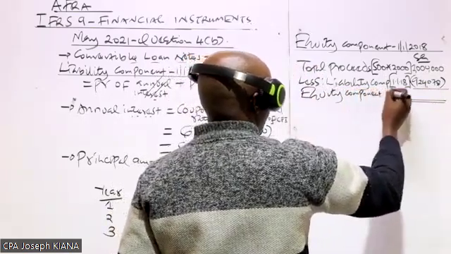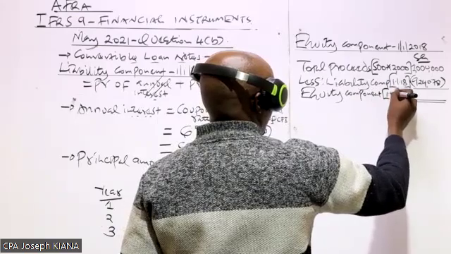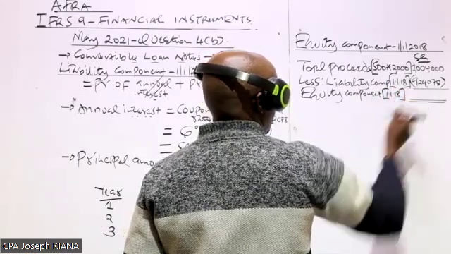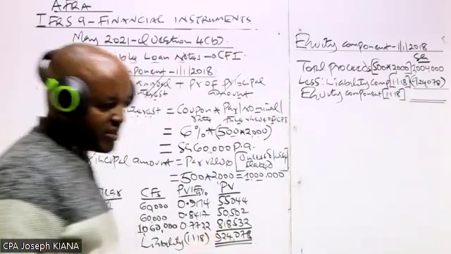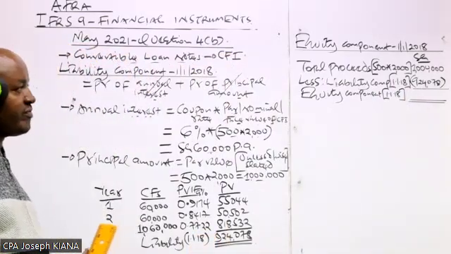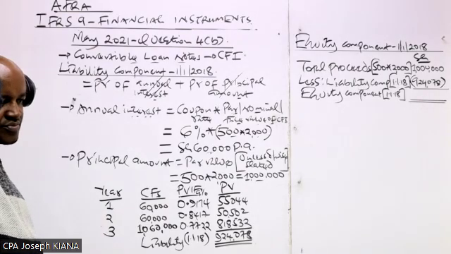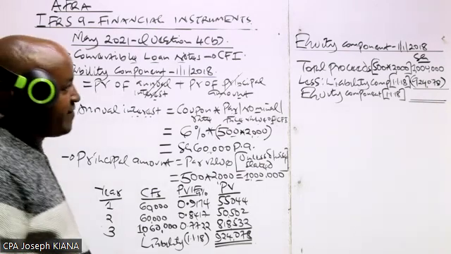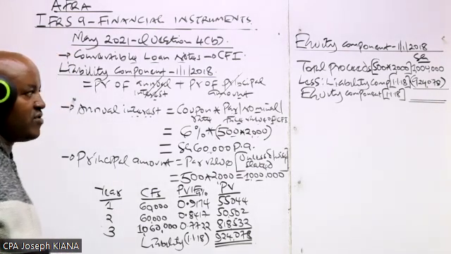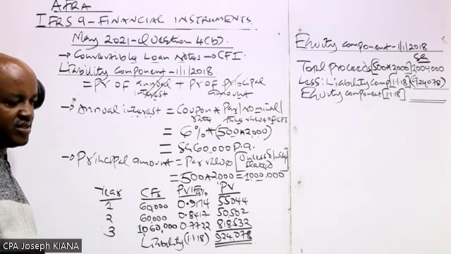The equity component on 1st of January 2018. So someone to give me the equity component there. How much is the equity component, which is the difference between 1,000,000 and 924,078?